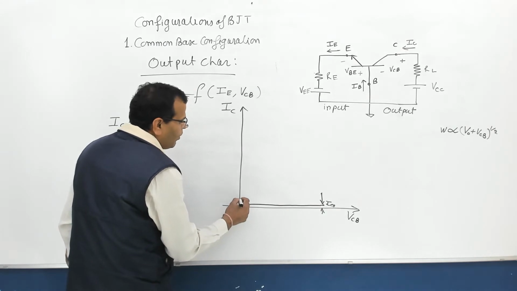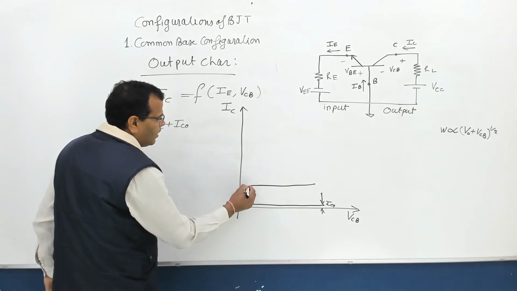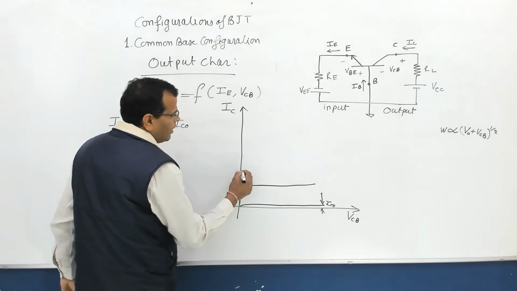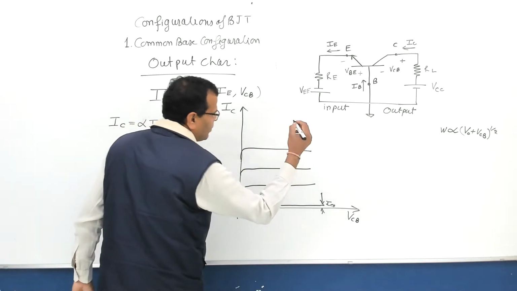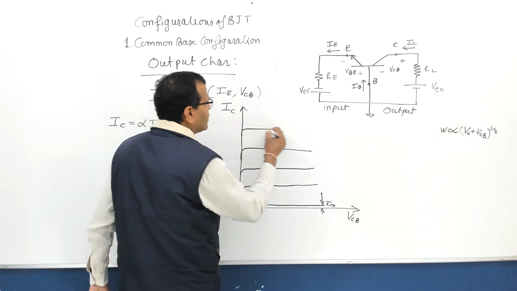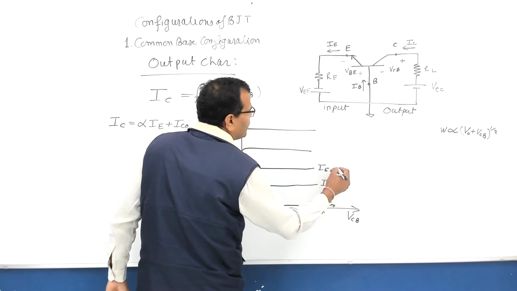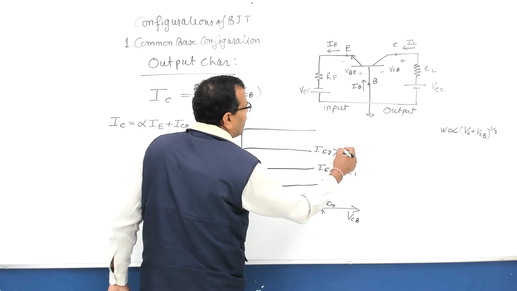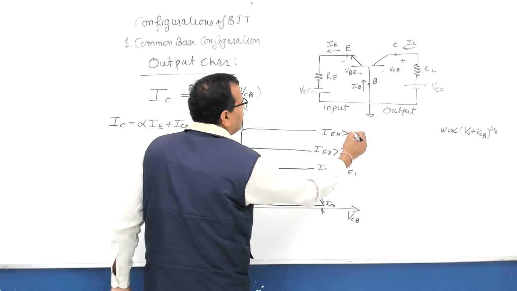Later on, when you apply a certain value, I'll show it like this, then like this, then like this, and so on. So when you increase emitter current, this is IE1, this is IE2, which is definitely more than IE1, this is IE3 more than IE2, this is IE4 more than IE3.